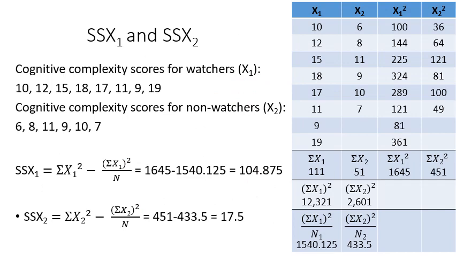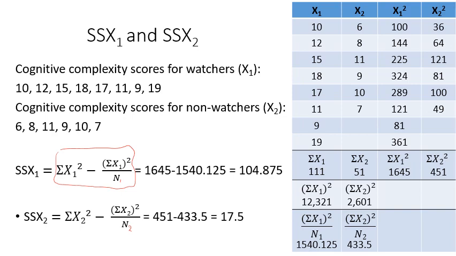Now let's look at this. If you remember, the sum of squares formula is what you see here. It's the sum of x squared minus the sum of x, that squared, divided by n. So this would be n1 and n2.